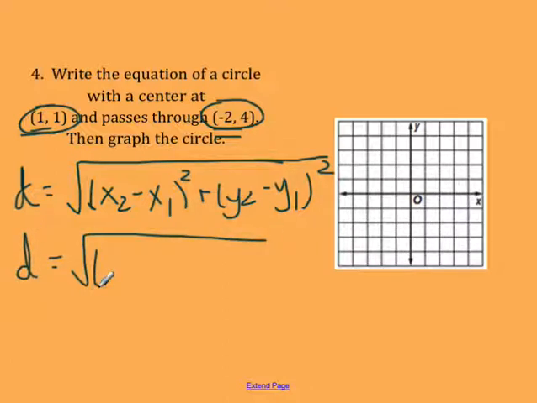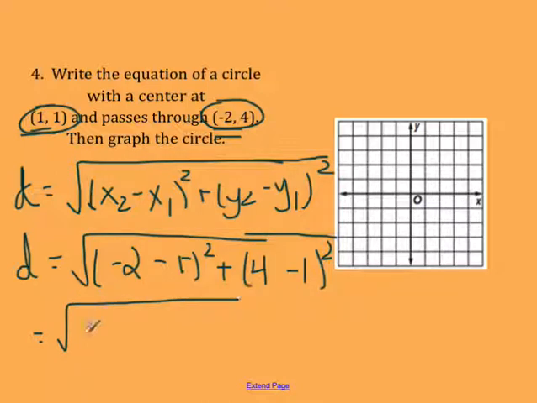So we have x2 minus x1, and then y2 minus y1. What we end up having is -3 squared, which is 9, and this right here is -3 squared, which again is 9.